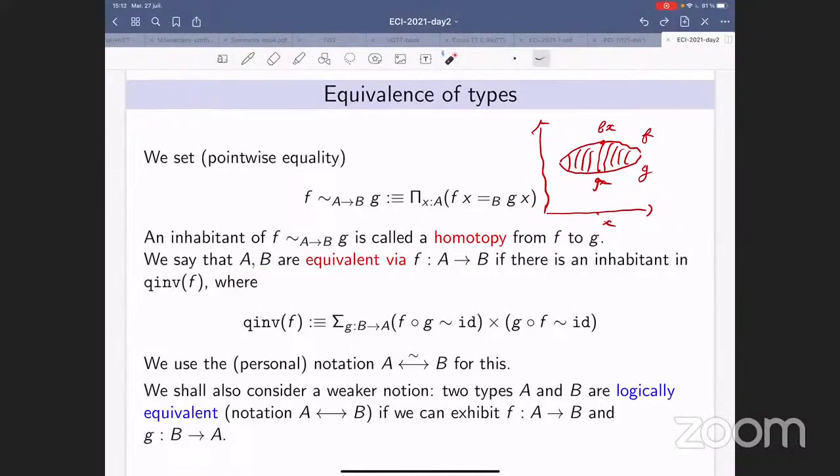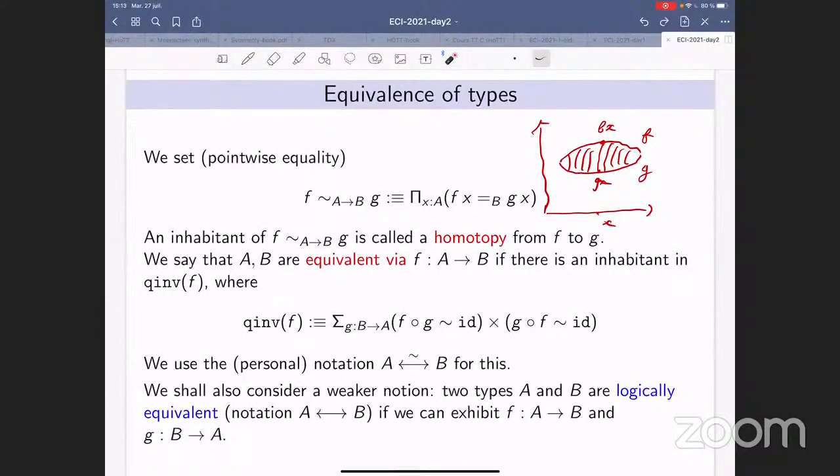Two types A and B are equivalent if I can provide a function f from A to B, a function g from B to A, and a proof that f composed with g is homotopic to the identity, and a proof that g composed with f is homotopic to the identity.